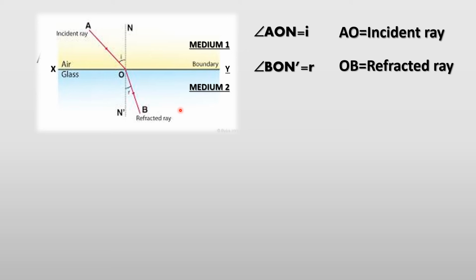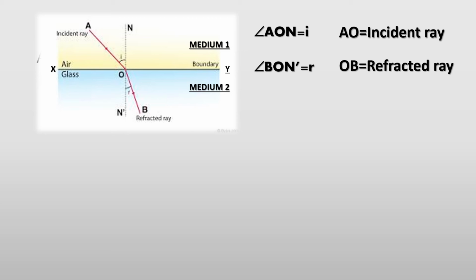Here, AO is called the incident ray, OB is called the refracted ray, and O is the point of incidence at which the refraction occurs. NON' is the normal to the plane surface XY separating the two media.